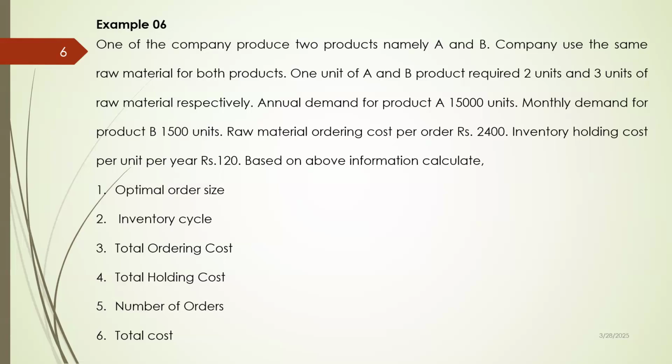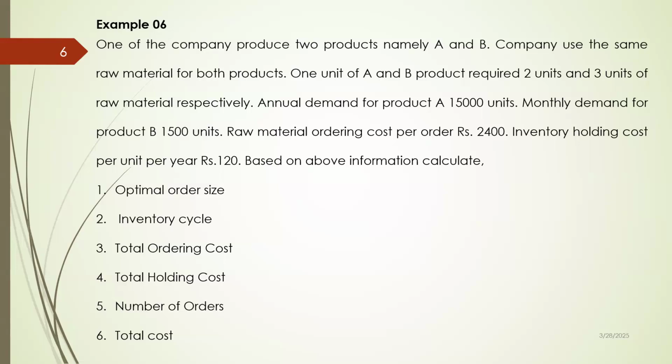Plus, we should calculate the raw material required for product B, 3 units per unit. But the question mentioned monthly demand for product B, 1,500 units. For the monthly demand, first we should multiply by 12 to get the annual demand. Then 1,500 into 12, the answer is 18,000.